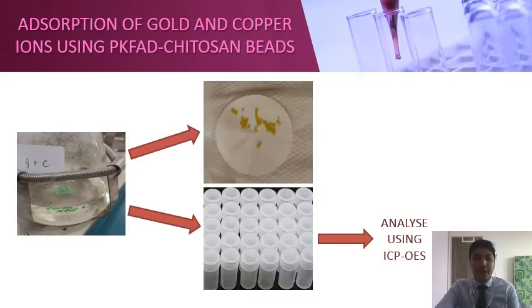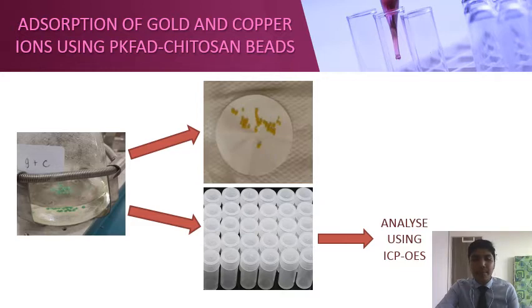The adsorption process was carried out in a 250 ml conical flask. 50 ml of the desired concentration of both Au3+ and Cu2+ were mixed in the conical flask. The pH of the aqueous solution was adjusted to the desired pH by using 1 molar hydrochloric acid and sodium hydroxide, and measured by using a pH meter.